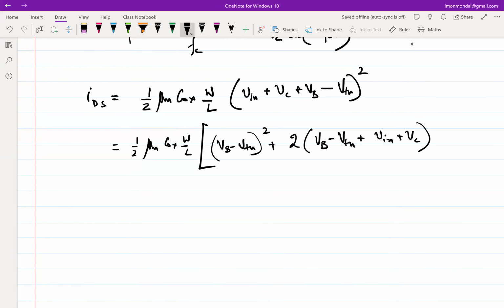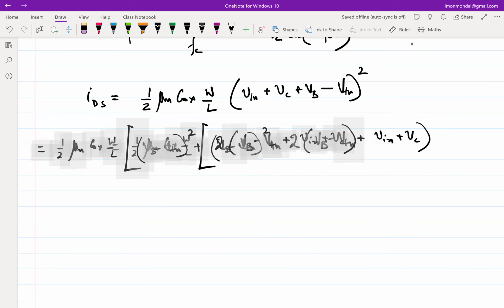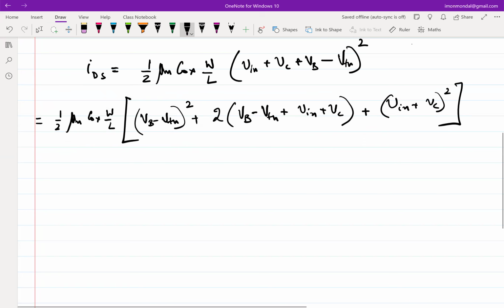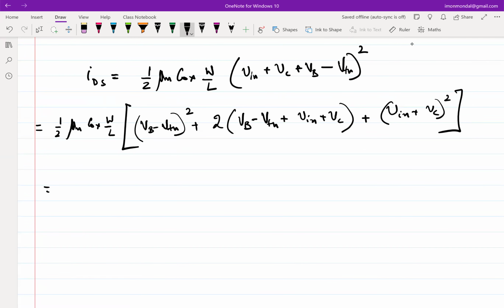And then we get another term, plus V in plus VC whole squared, right? So if I remove the bracket, this first term clubbed with this term gives the DC biasing current. So this is IDS. Let me call it IDSQ.